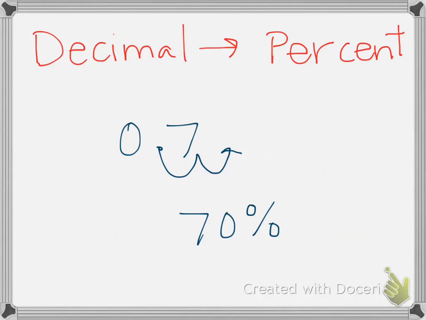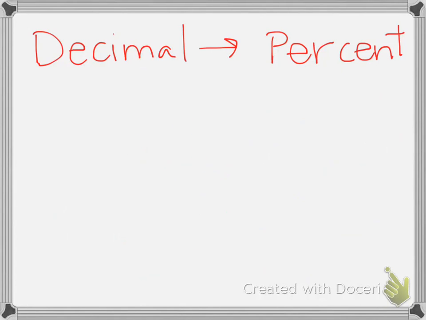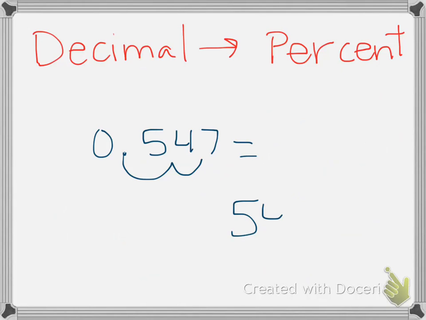And then you might run into something where you have a decimal in your percent, which sounds kind of weird, I know. Like if you have this, still move it over 2 places, and your percent would be 54.7%. It's okay to have a decimal in your percent.